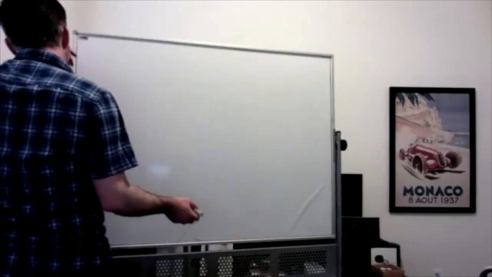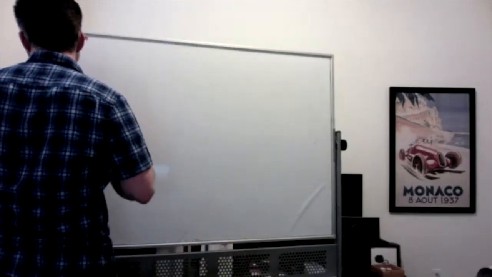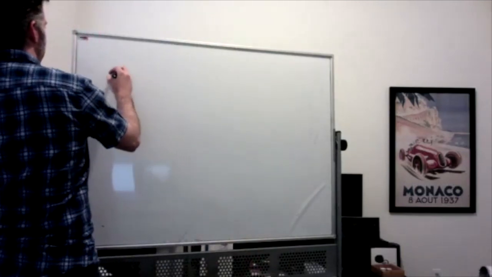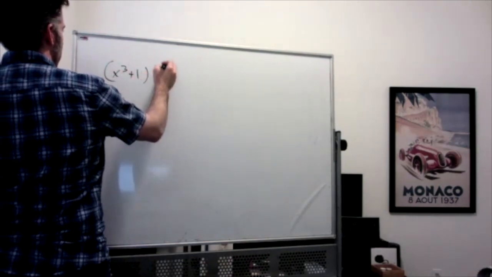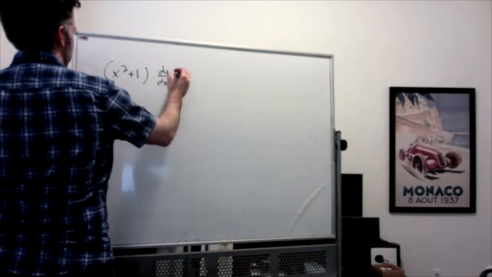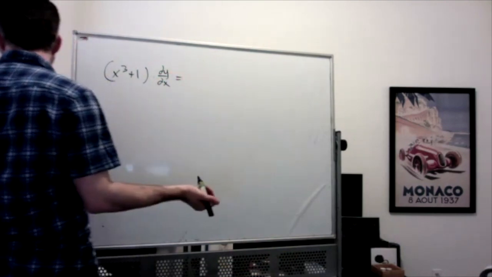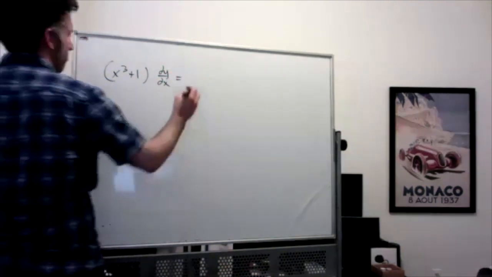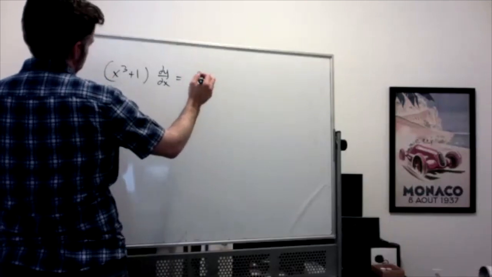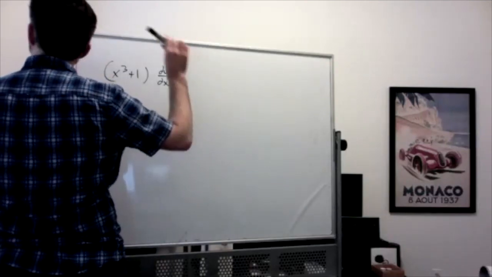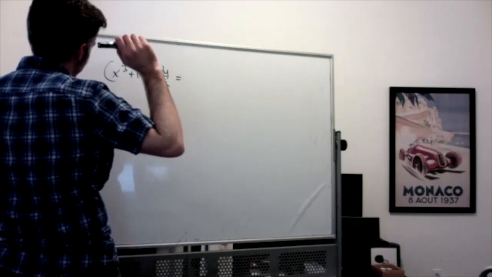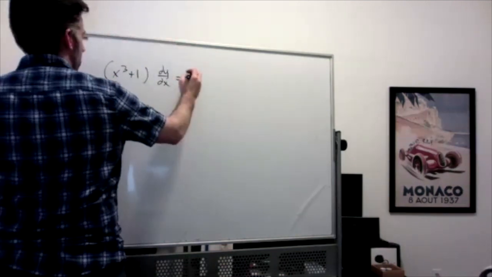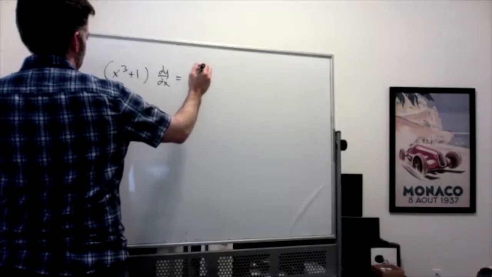So let's say we've got, what do I have here? x cubed plus 1 times dy/dx equals, let me think for just a minute here.